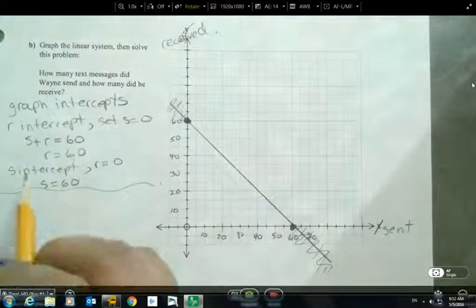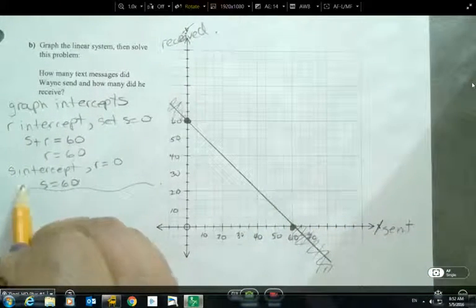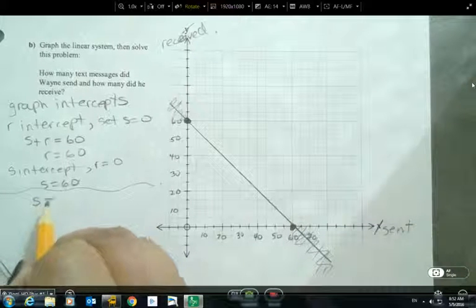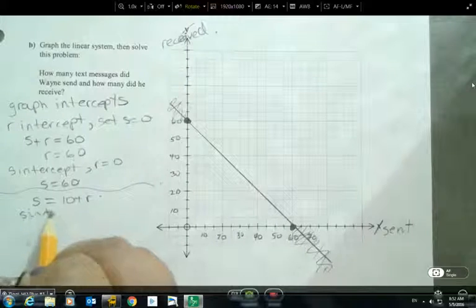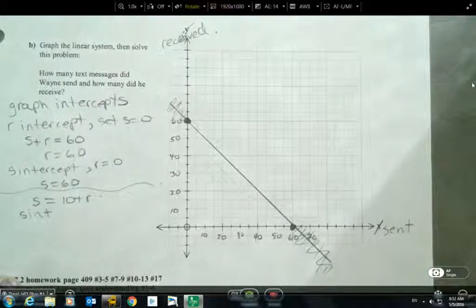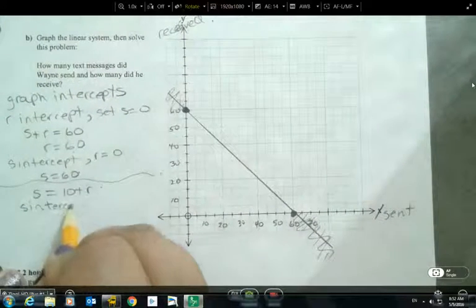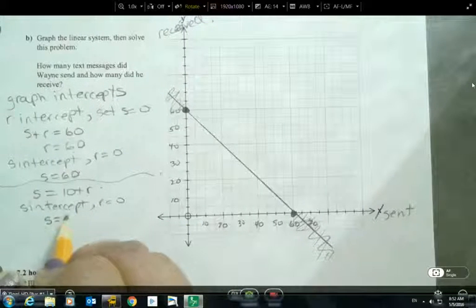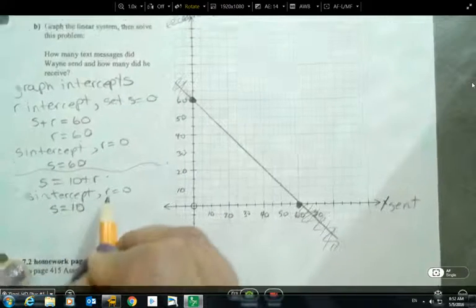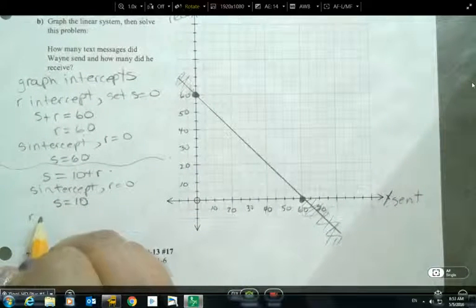Now, let's have a look at the other equation. What's the other equation I have? S equals R plus 10? Okay, so what's my S-intercept? My S-intercept, I set R equal to 0, so S equals 10. And what about my R-intercept?